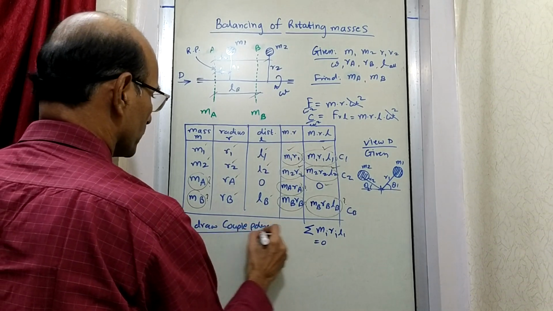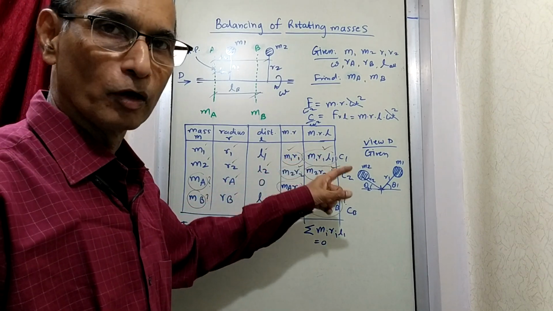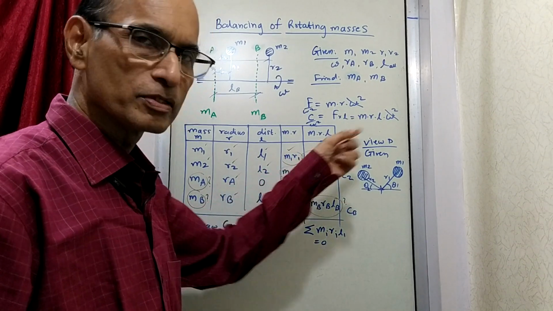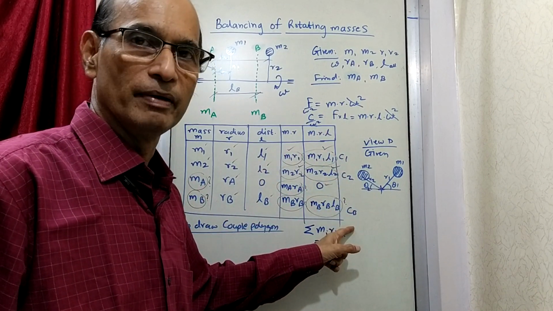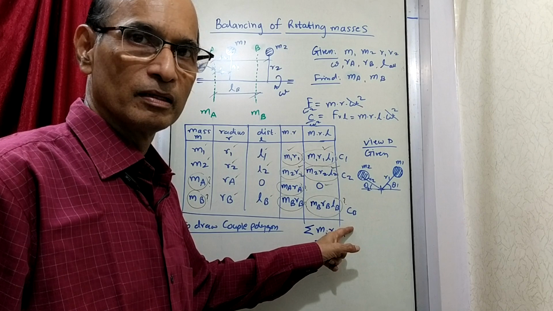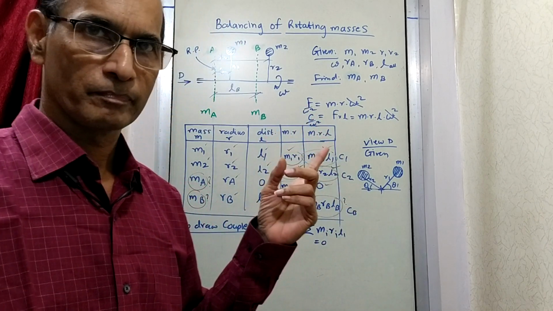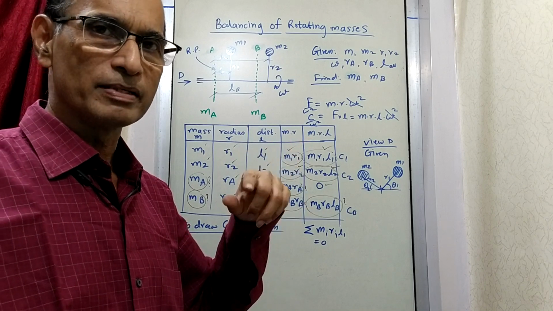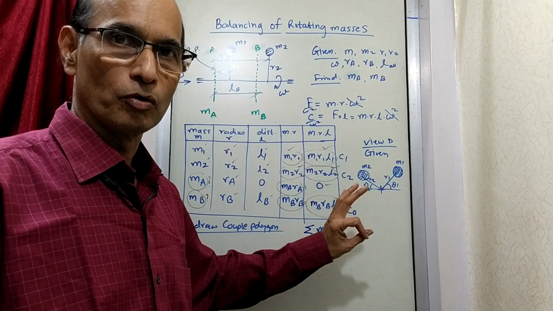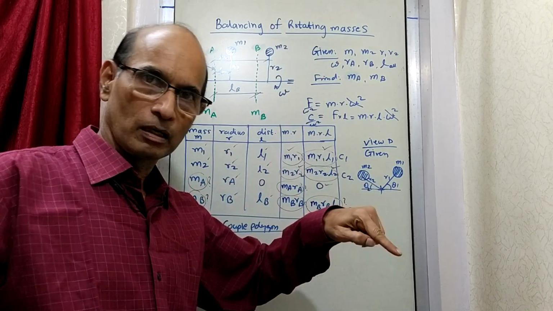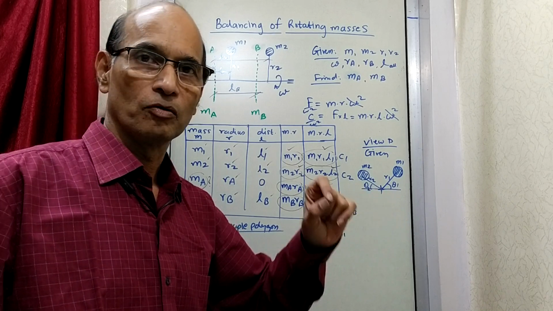Our objective is to draw a couple polygon, that means a figure consisting of these three vectors, these three lines, that will form a closed figure. That means these three couples have a net result of 0. One couple, second couple, third couple, coming back to the starting point, meaning net is 0.